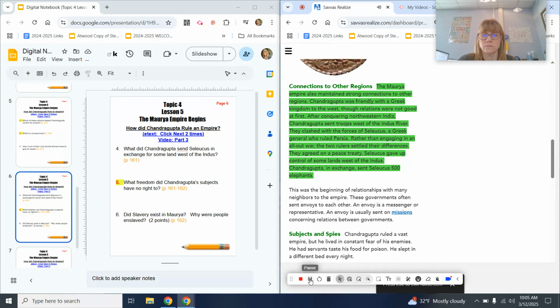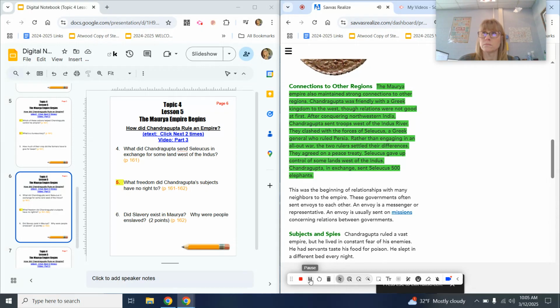They clashed with the forces of Seleucus, a Greek general who ruled Persia. Rather than engaging in an all-out war, the two rulers settled their differences. They agreed on a peace treaty. Seleucus gave up control of some lands west of the Indus. Chandragupta, in exchange, sent Seleucus 500 elephants.